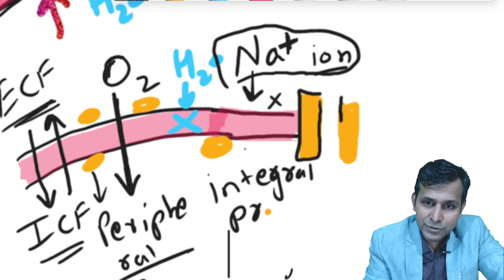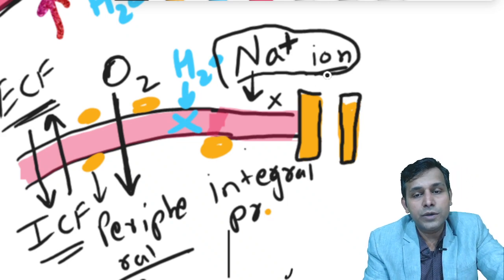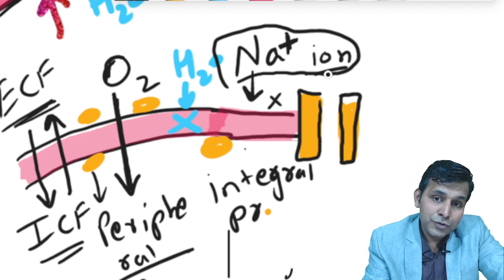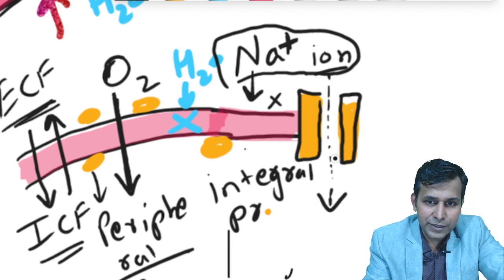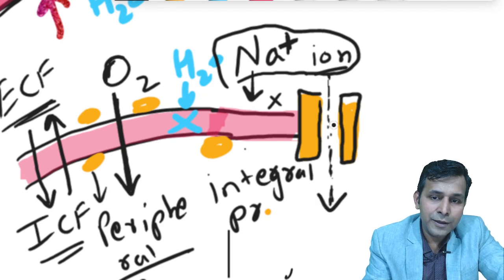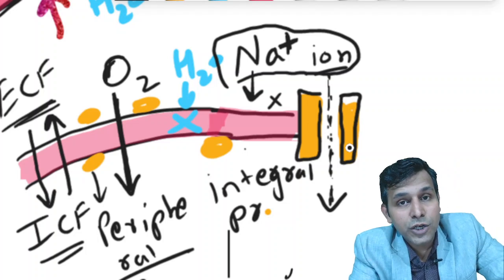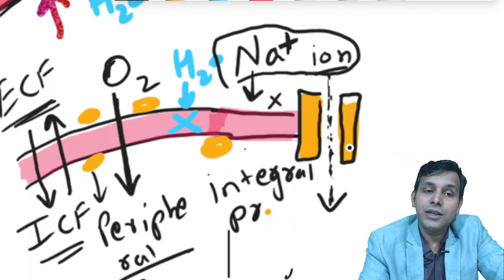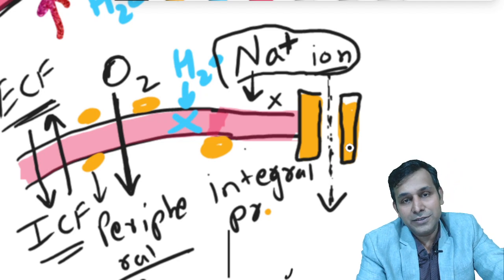This protein will form a channel which is very specific for the sodium ion, and the sodium ion can move through this channel from outside to inside the cell membrane. So in this way the water soluble substances can cross the lipid bilayer via channels.